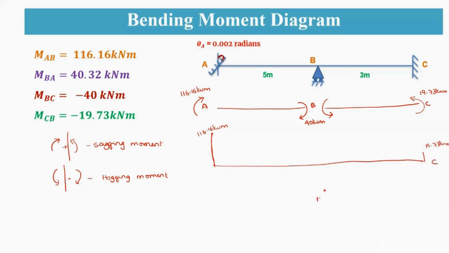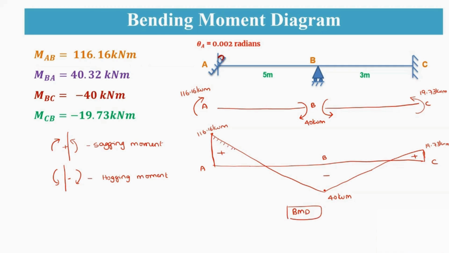This is C and this is B of 40 kilonewton meter, and this is B and this is A. When we draw the figure, this is positive, this is negative, and this is positive. So this is your final bending moment diagram.